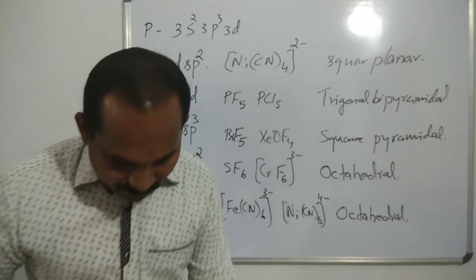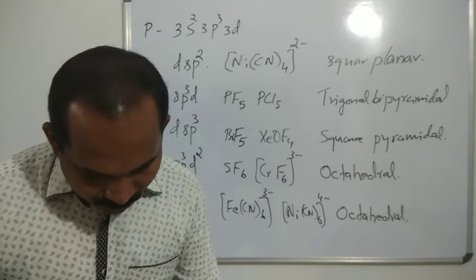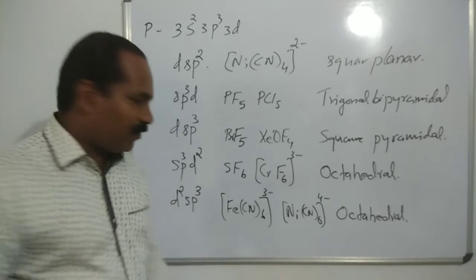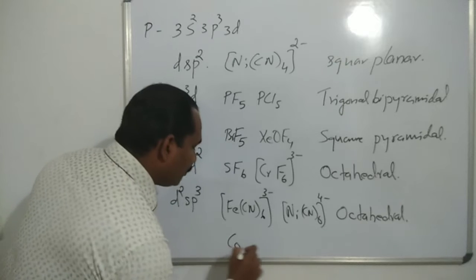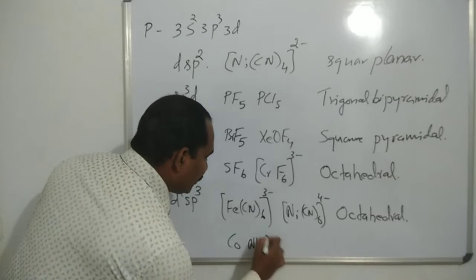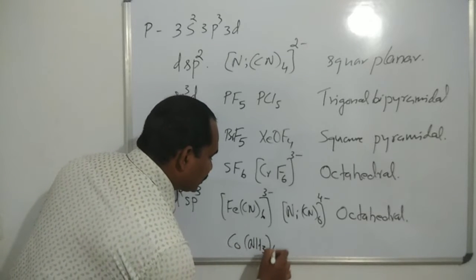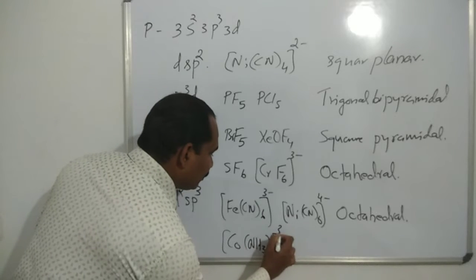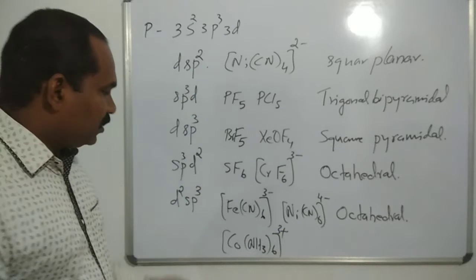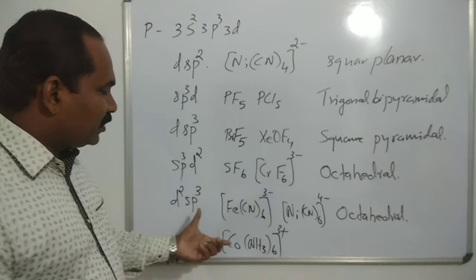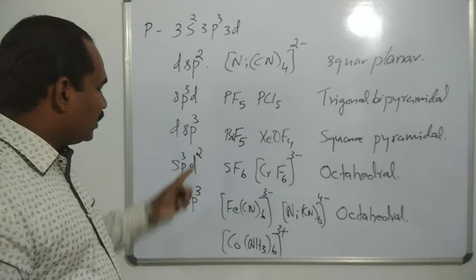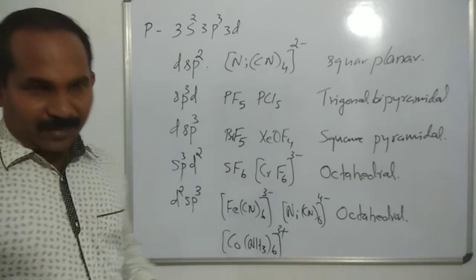Many examples are there. Here one more example is [Co(NH3)6]3+. So many examples in the case of sp3d2 and d2sp3.